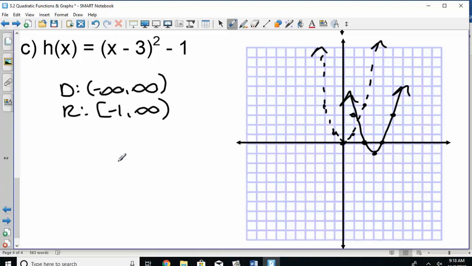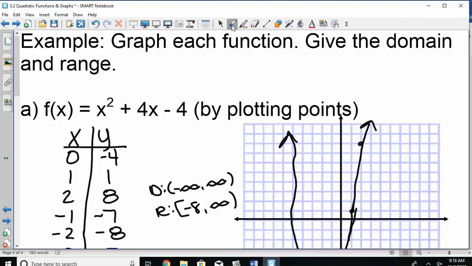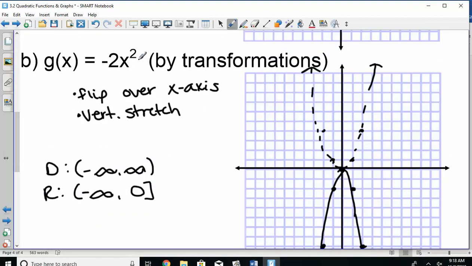Okay, so if it's written in this vertex form, it's not too bad to do. You notice on these, we wrote on that slide that your vertex is (h, k). So on B, I'm not subtracting anything from my x, I'm not adding anything on the end, so my vertex is (0, 0).